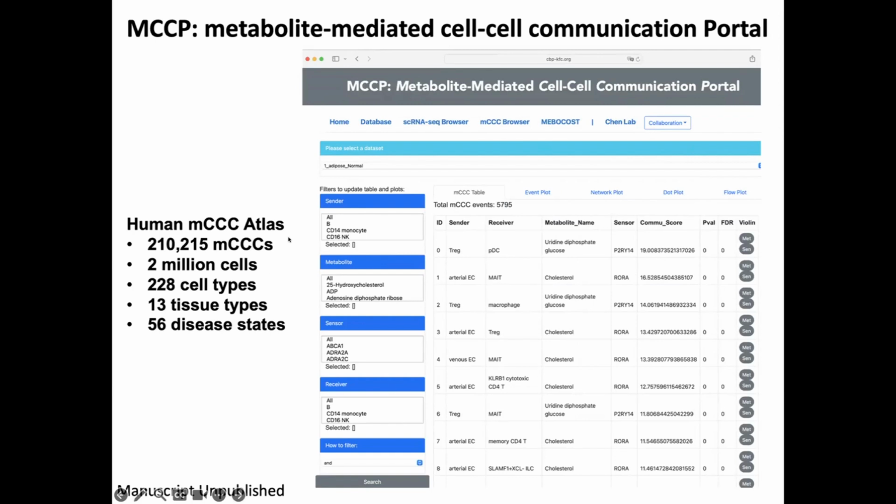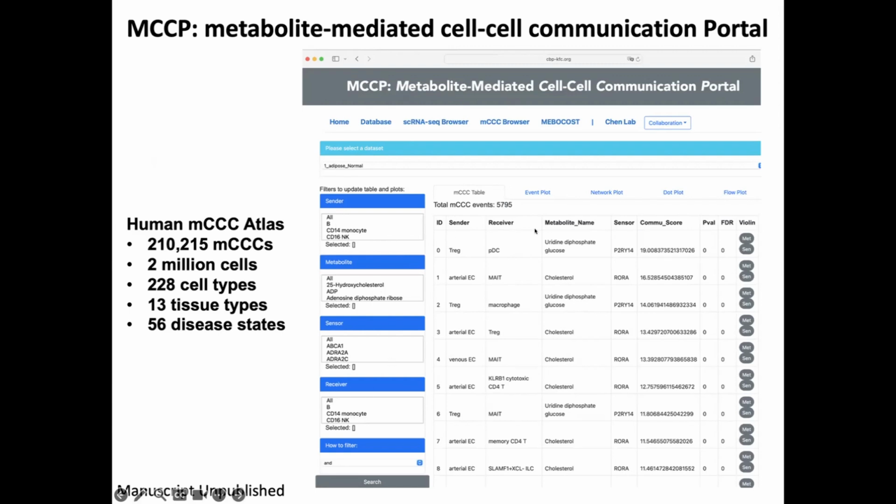So then he deposited those communication landscapes into this web portal, so that any researchers, especially those who don't have the appetite to run software or write algorithms, can easily just visit this website. You can choose the cell type that you are interested in, or search for the metabolites, or any sensor protein, or the cell type that serves as a receiver of the communications.